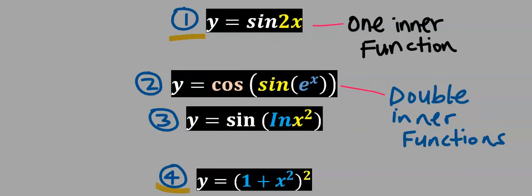Also, for each, y is separated from functions of x by equal sign. 1 and 4 are examples of one inner function, while 2 and 3 are examples of double inner functions.